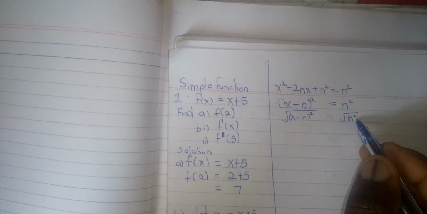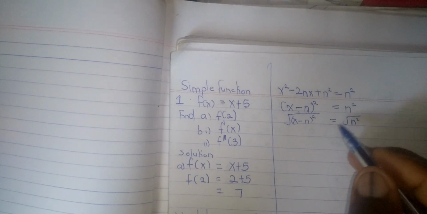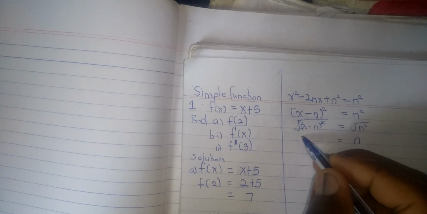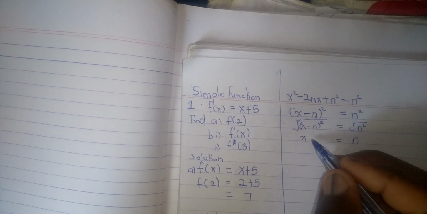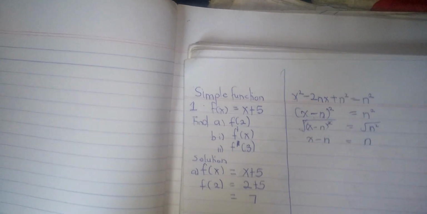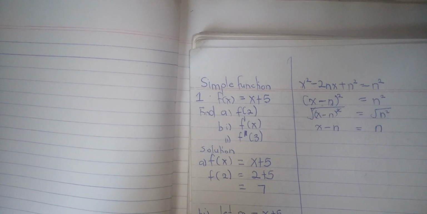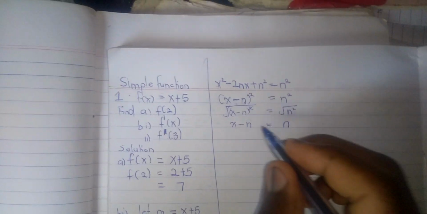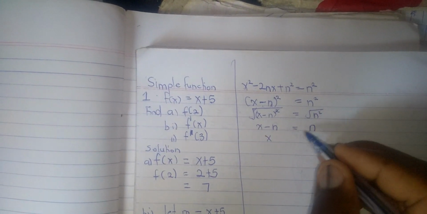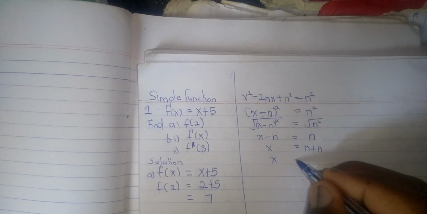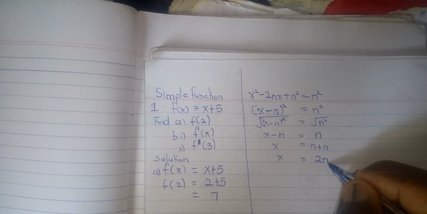Since this is not having any operation sign, to give us a final answer as n, the square goes with this, so we have x minus n. So we make x the subject, the n crosses the equal sign, becomes n plus n. So our x will equal 2n.